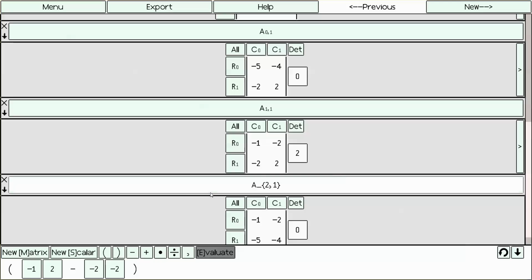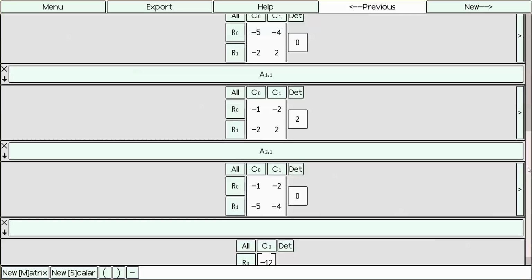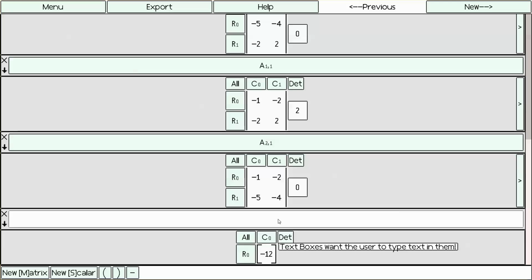And then because of the cofactor expansion, we need to multiply by the scalar. So we click here to add it, and then we'll be multiplying this determinant computation by 2. Once we're done, we press the evaluate button, or E. And therefore we've computed the result of -12.